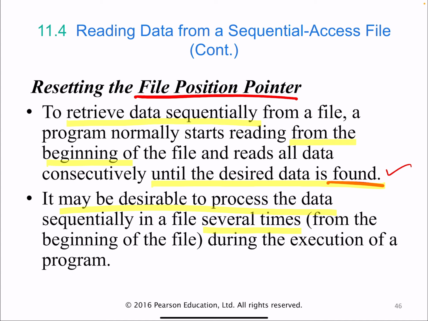It may be necessary to do that several times because you may be looking for several different data entries and you may only be able to search for one at a time. In that case, it's necessary to go back to the beginning.